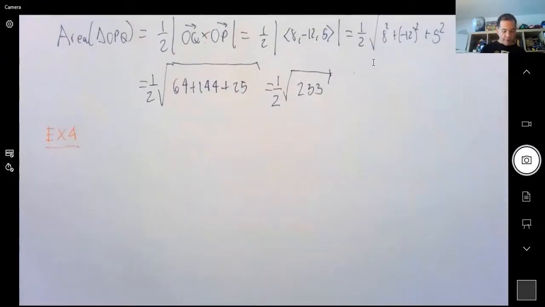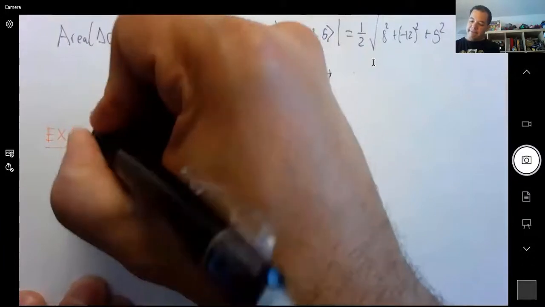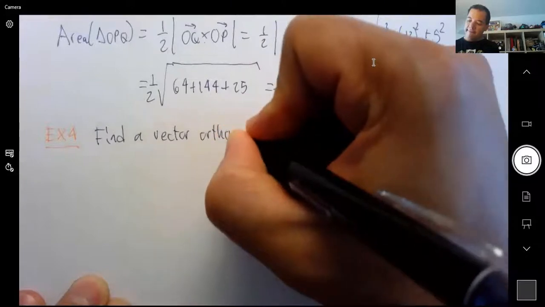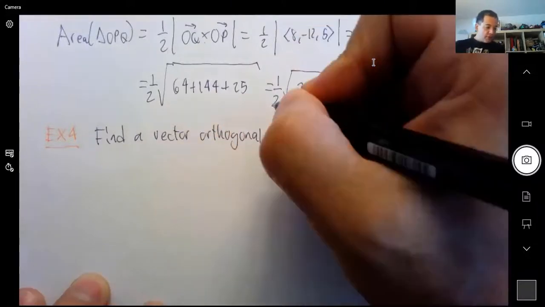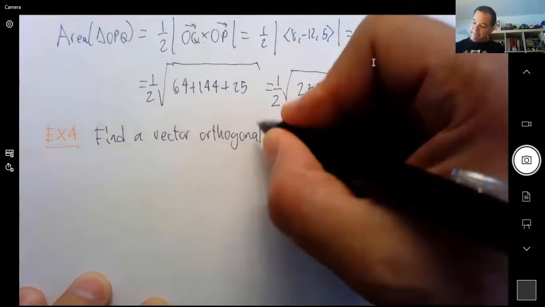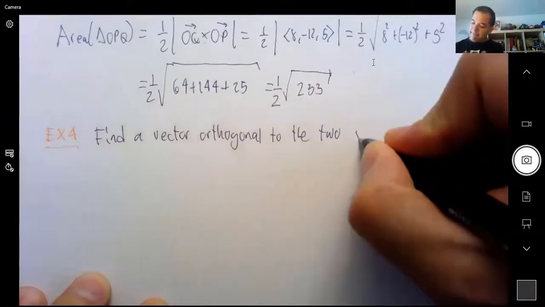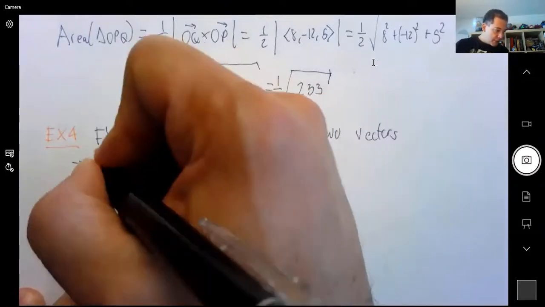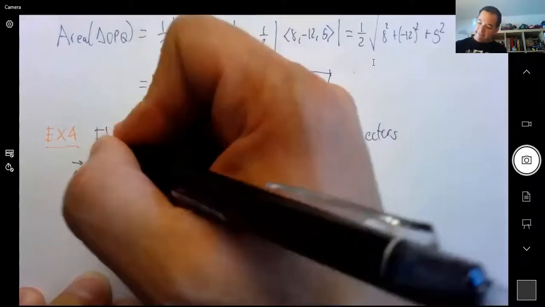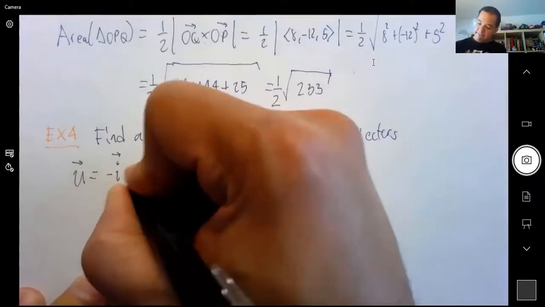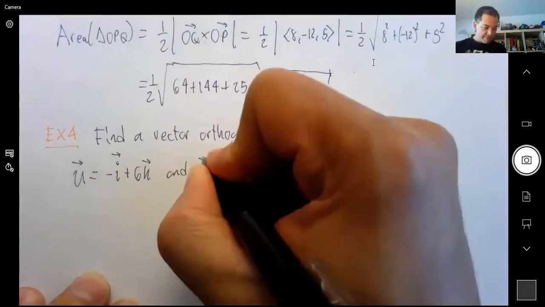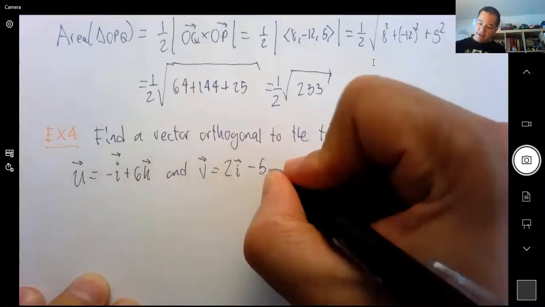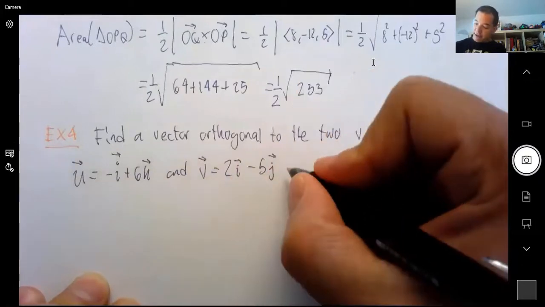Example 4, it says, find a vector orthogonal to the two vectors u equals negative i plus 6k and v equals 2i minus 5j minus 3k.